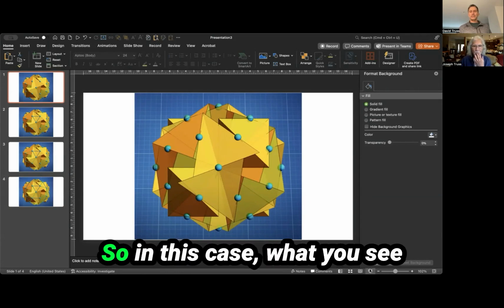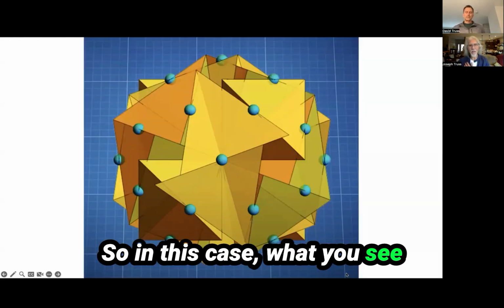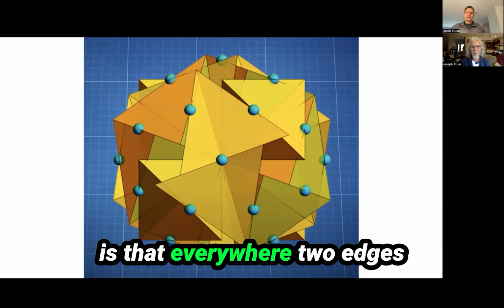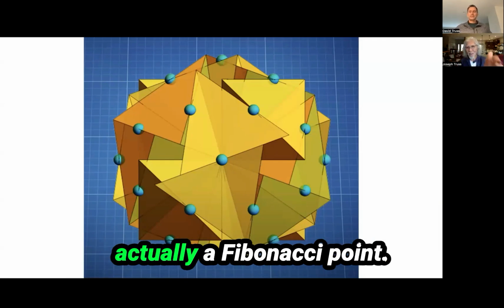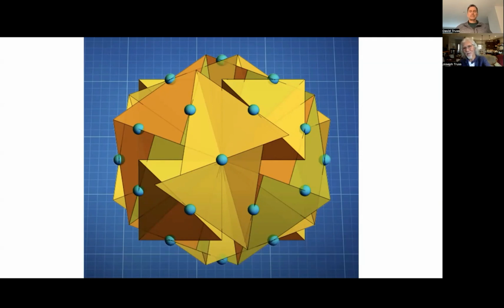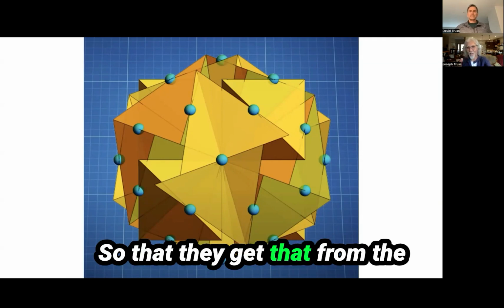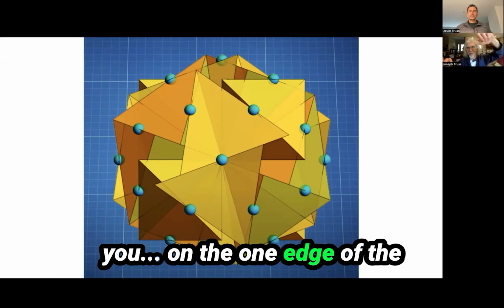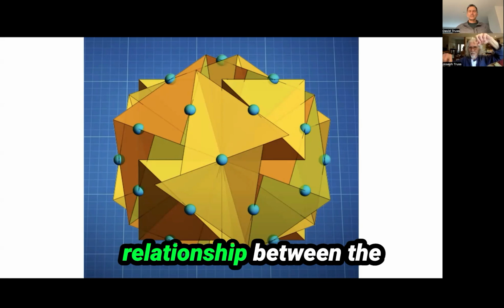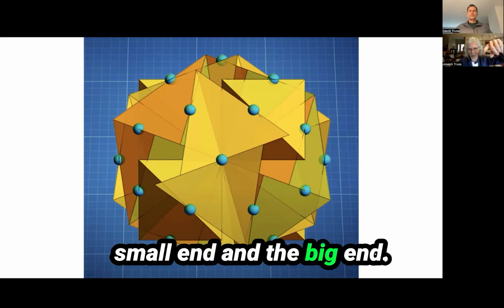Right. So in this case, what you see is that everywhere 2 edges of tetrahedra meet, that's actually a Fibonacci point. They get that from the Fibonacci angle, but it gives you on the one edge of the tetrahedron the Fibonacci relationship between the small end and the big end.